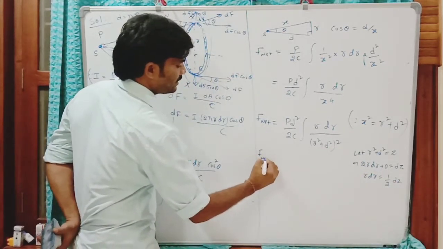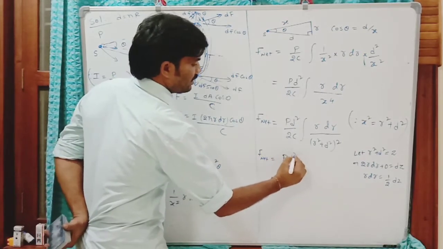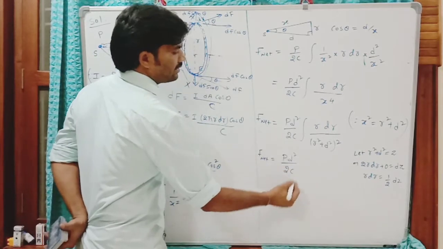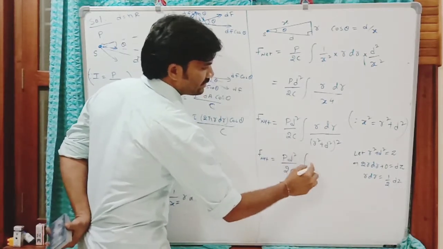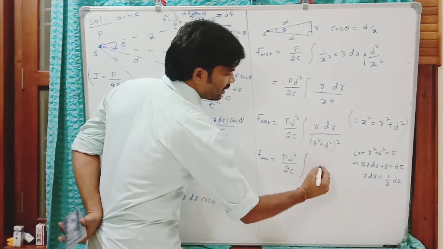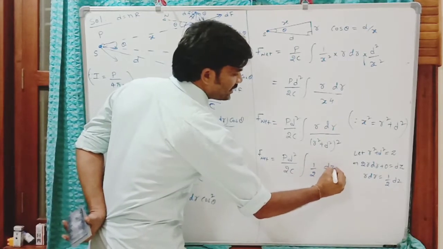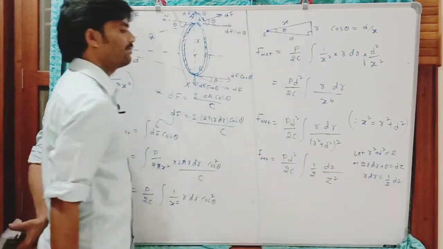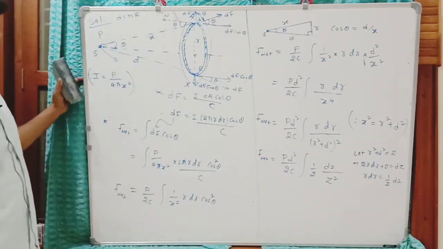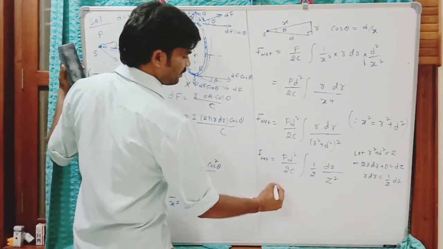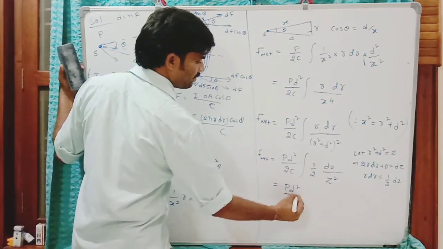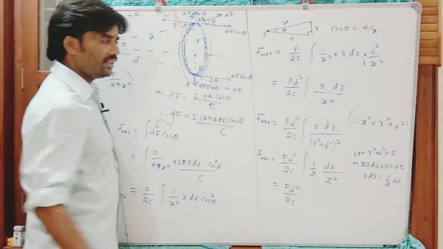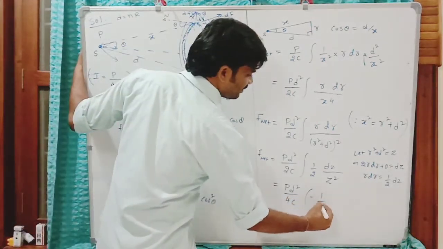So the net force on this elementary ring is the integration of this. So r dr is 1 by 2 dz, and this value is z square. Clear up to that? Now 2 and 2 is 4, P d square by 4c, 1 by z square dz. Integration is minus 1 by z.